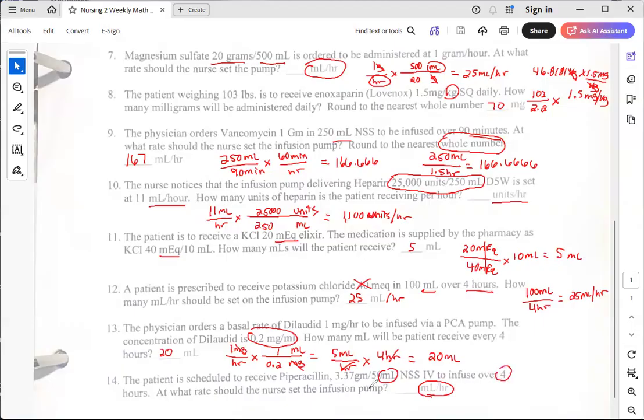Do I have another rate listed here? No. Do I have a strength? Yes. But the strength doesn't tell me what the rate is. So I'm just going to take 50 ml for 4 hours, which will give me 12.5, I believe. 50 divided by 4 is 12.5 milliliters per hour.